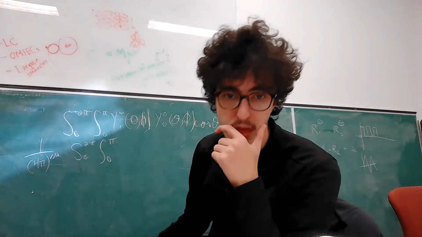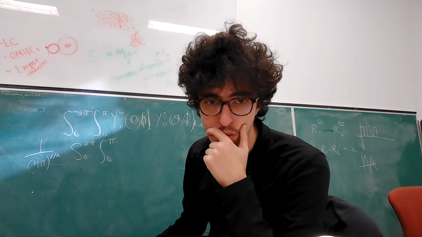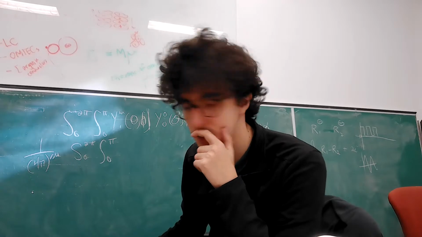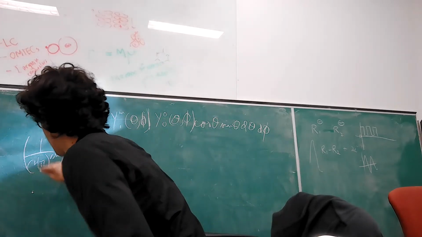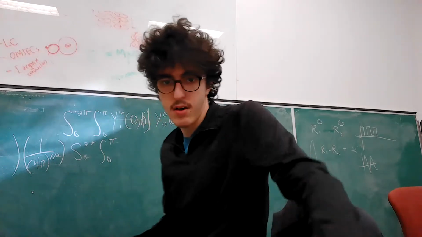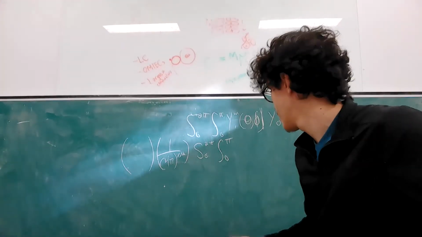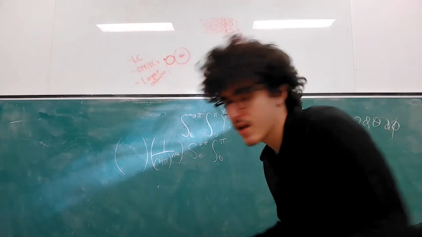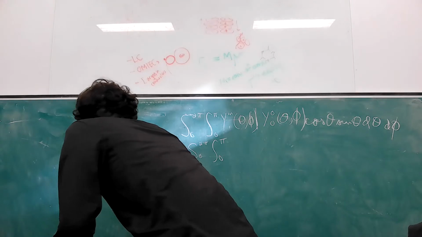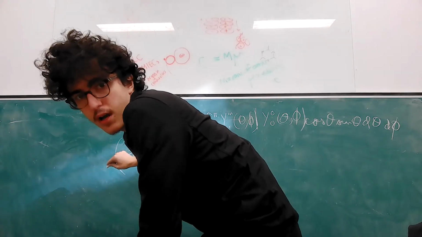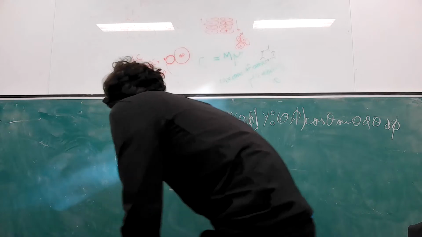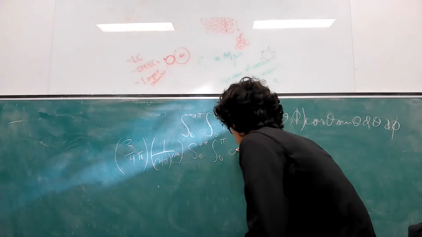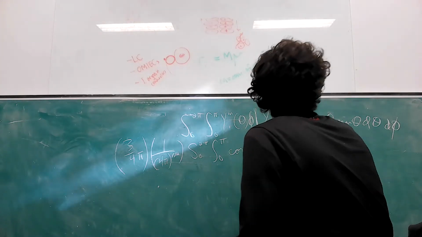Then you have your second one, which is 0, 1, which is 3 over 4 pi. Then you have a cosine of theta in there, so you have a cosine squared.